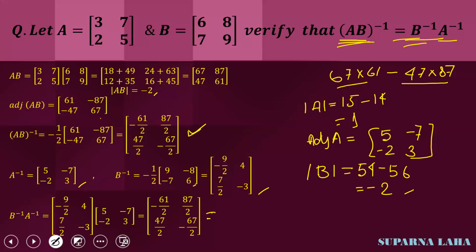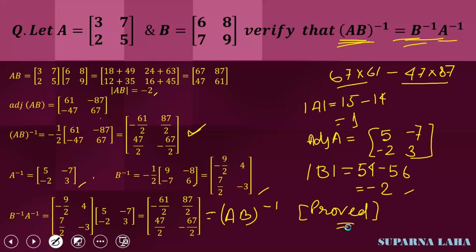Now what is this? This is AB inverse. So we proved it. Clear? So that's the way to verify this property of the inverse, AB inverse is given by B inverse into A inverse.